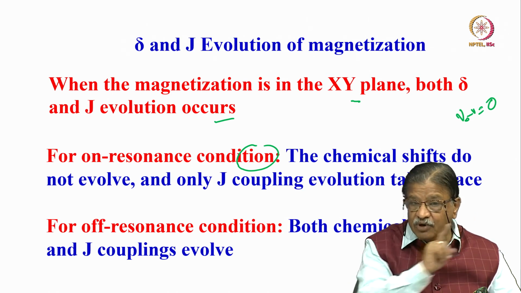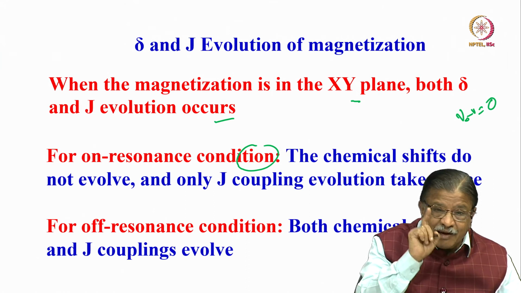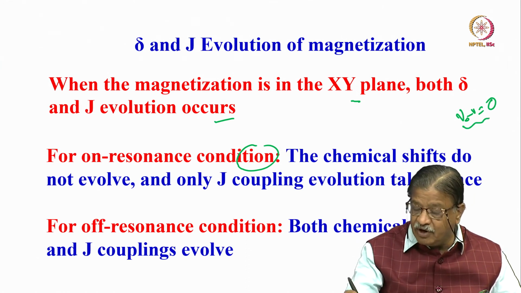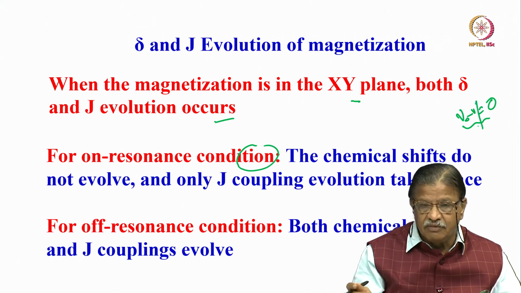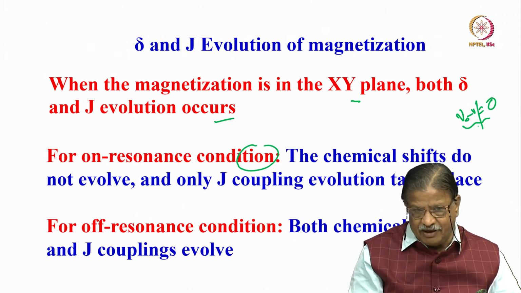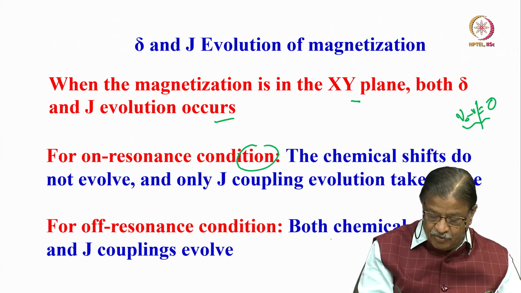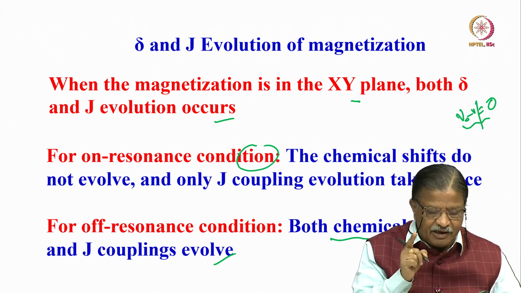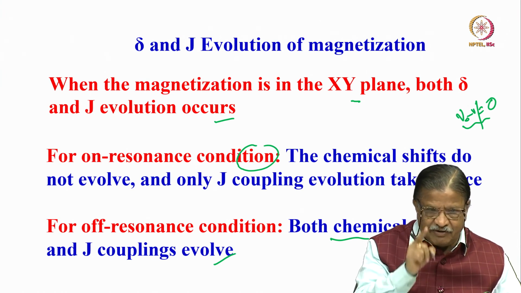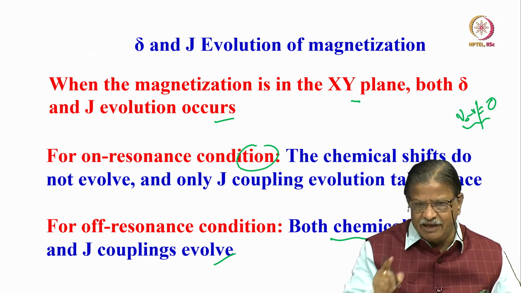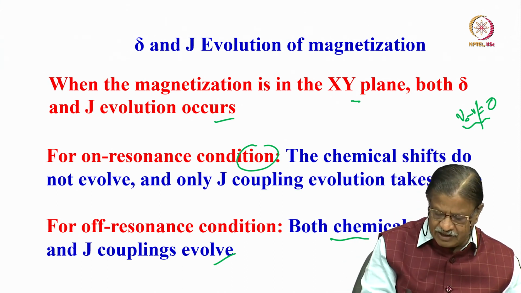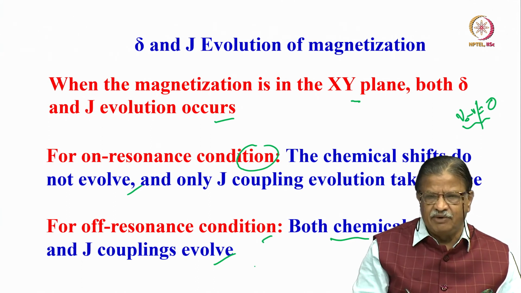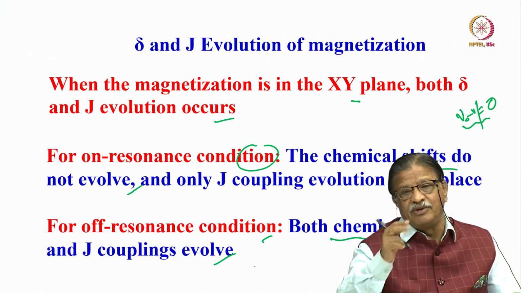Then chemical shift does not evolve and only J coupling evolution takes place. For off resonance, that means nu naught minus nu r is not equal to 0, greater than 0 or less than 0, some other value, both chemical shifts and J couplings do evolve. This is an important point. Please remember, delta and J evolution takes place after application of the pulse by bringing the magnetization to the XY plane. For on resonance condition, chemical shift does not evolve, only J couplings evolve, but for off resonance condition, both chemical shift and J couplings do evolve.